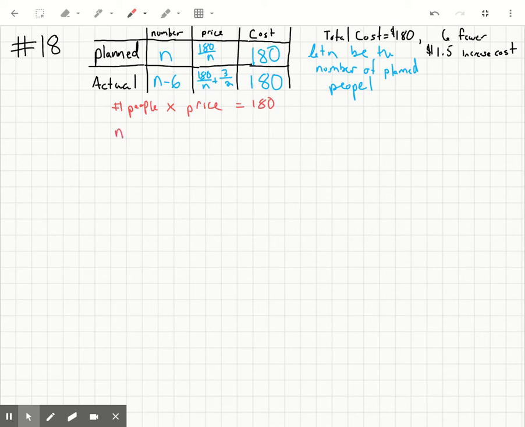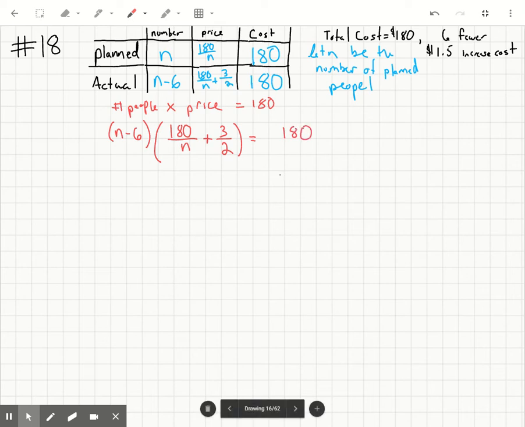So that's (n minus 6) times (180 over n plus $1.50, which I'm just going to put as 3/2). But you could put 1.5 or whatever you want. It really doesn't matter. It's equal to 180.